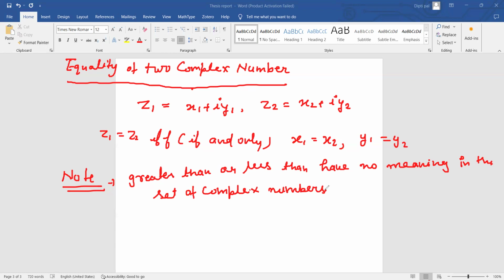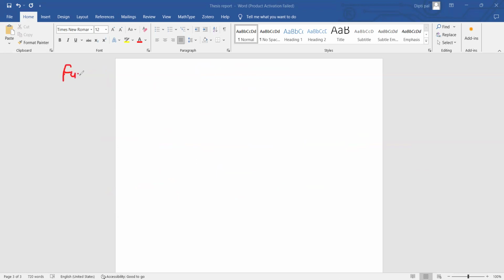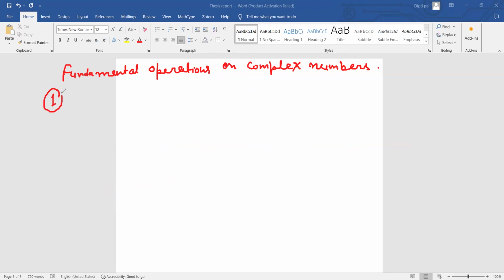Now, fundamental operations on complex numbers. First one, addition. Means if we are given two complex numbers, then how can we add them?